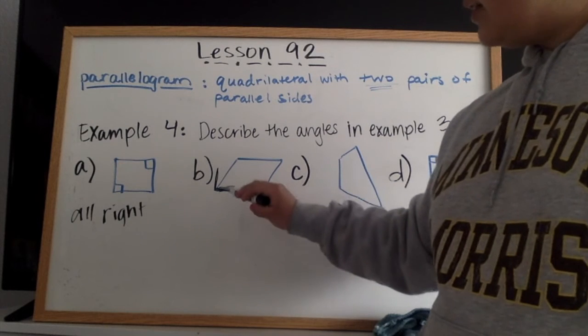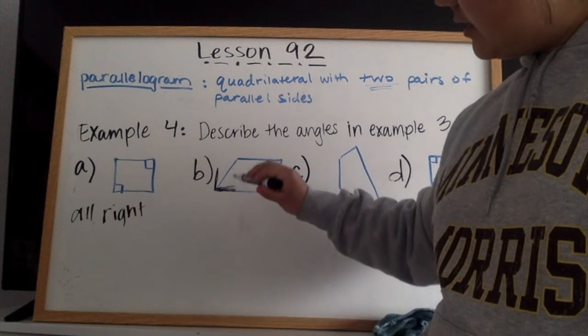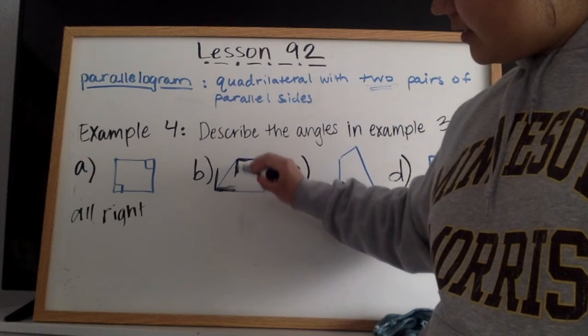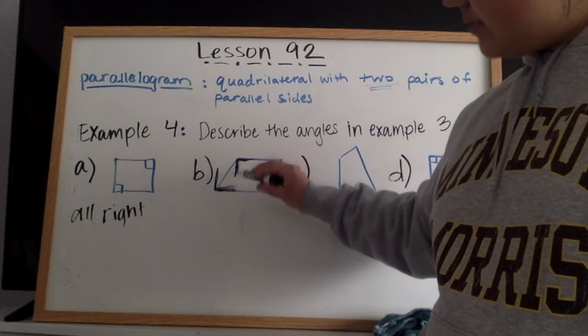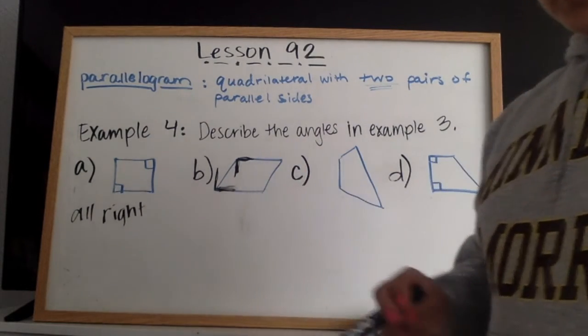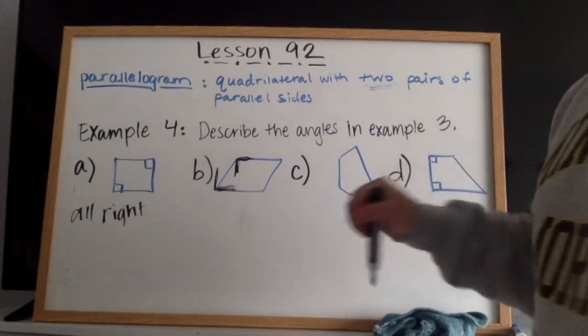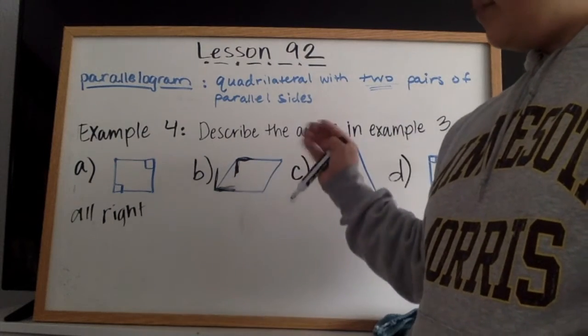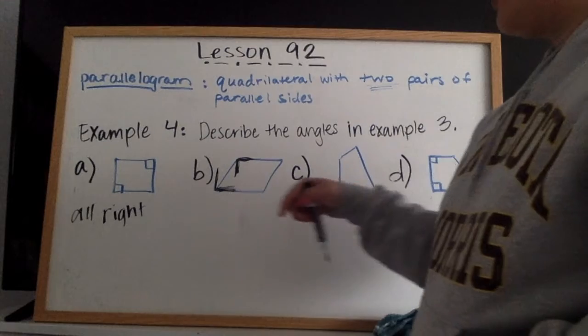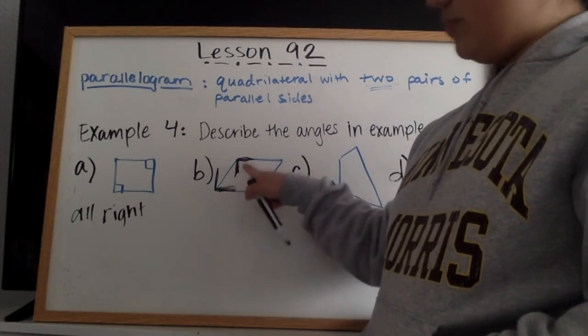Okay, now I go up here and I make a perfect L. Now this one has a line coming out on the outside of the right angle. So if it's bigger than a right angle, then it's an obtuse angle. So right now we have one acute angle and one obtuse angle.